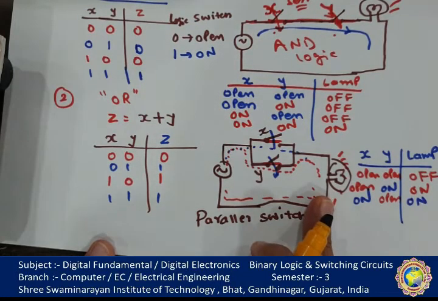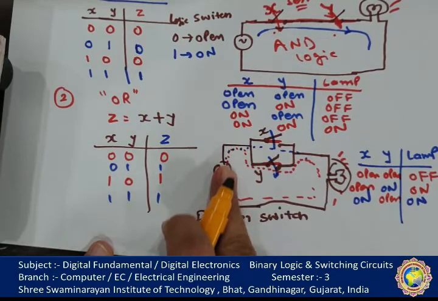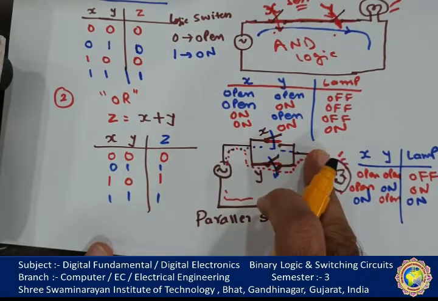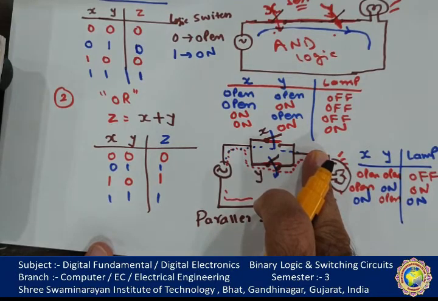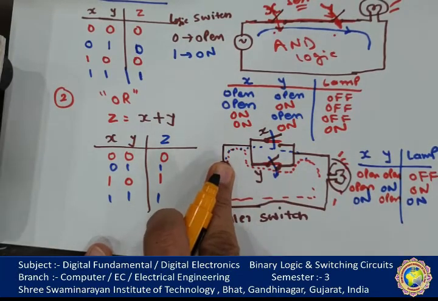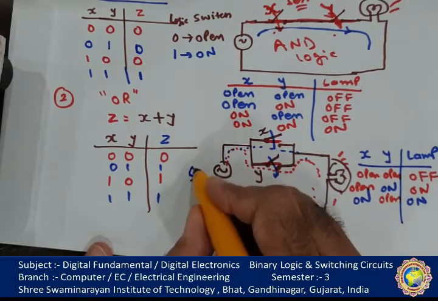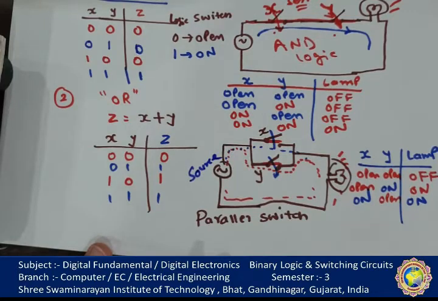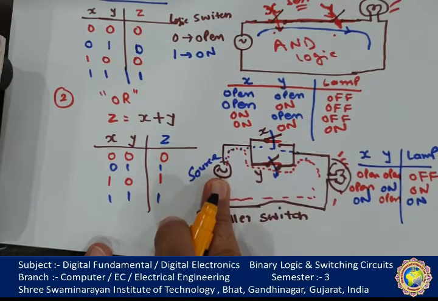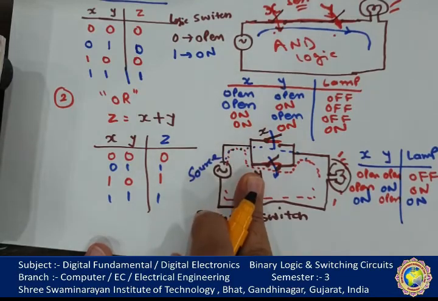The point is that the bulb requires only current, whether it passes through the X path or the Y path. In both conditions the bulb will be on because it finally gets current from the source. So remember, the bulb is getting current from X or Y.